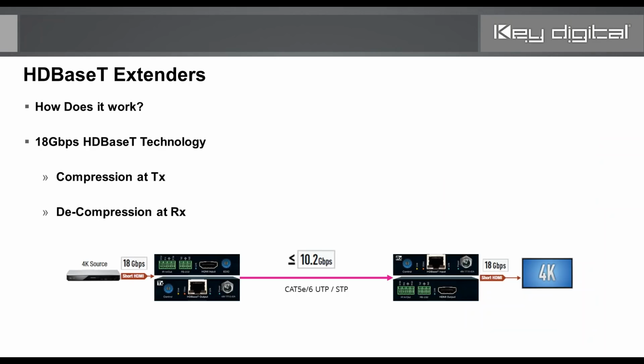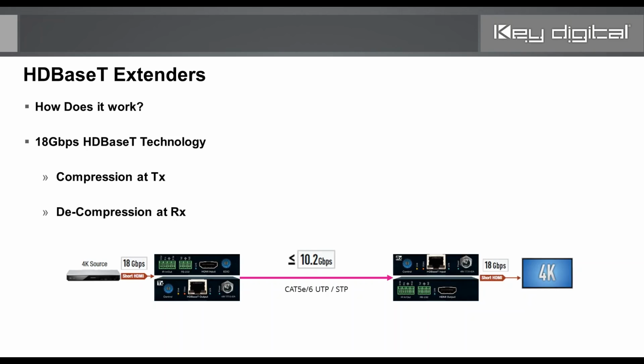So you say, okay, well, now you're telling me HDBaseT can send 18 gigabits per second. What changed? Well, if you recall, let's rewind back to the Fix 418's compression mode, where you had to compress and decompress, using two Fix 418 units.